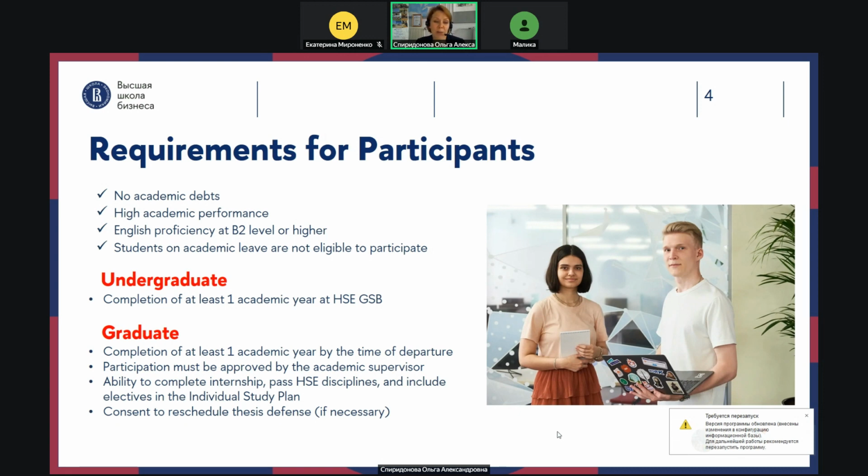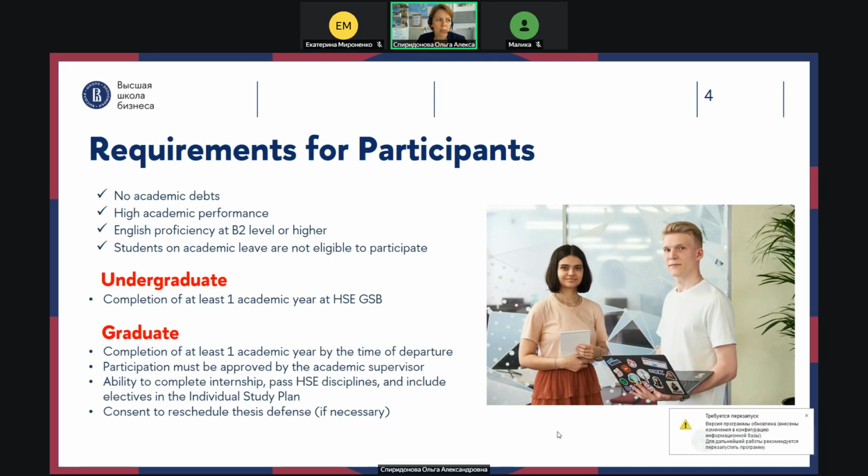And you have to be able to prove that your English is good. And students on academic leave are not eligible to participate. As for undergraduate and graduate students, they both have to complete at least one academic year at HEC GSB by the time of departure.